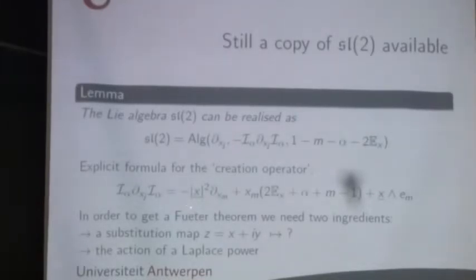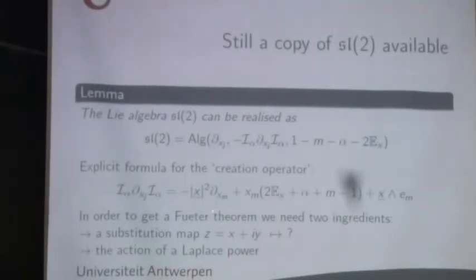Maybe this is an excellent point to say that it is first order in x. So this is a derivation, it's minus 1, plus 2, so that's plus 1. This is plus 1, and this is plus 1. So it's an operator which goes up in the degrees of homogeneity. This operator I will use to prove the Fueter theorem. At that point I use symmetries to prove Fueter's theorem.